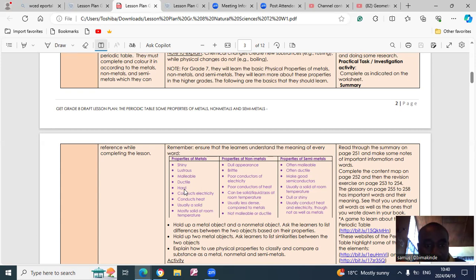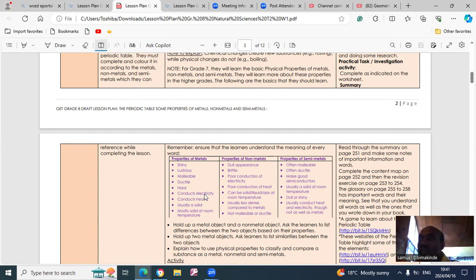Generally, metals are hard. If you look at the example I gave to you previously, this is a metal, right? So it is hard compared to non-metal or compared to something like water. So metals are hard. Metals are also good conductors of heat and electricity.